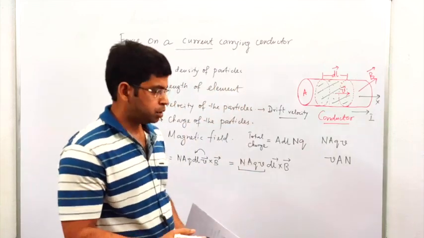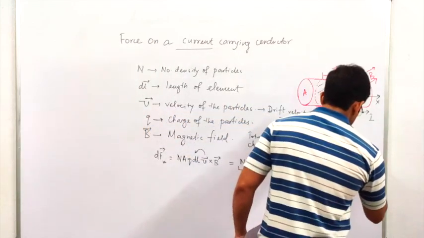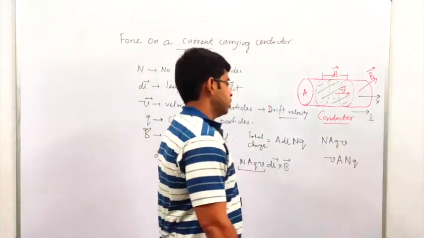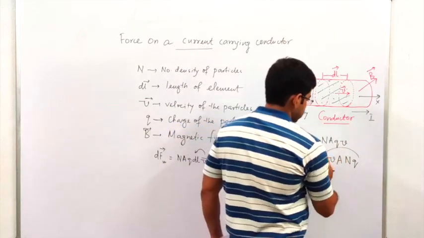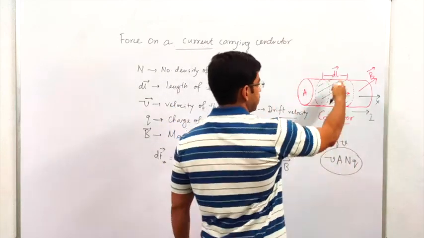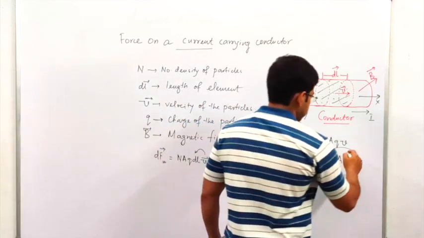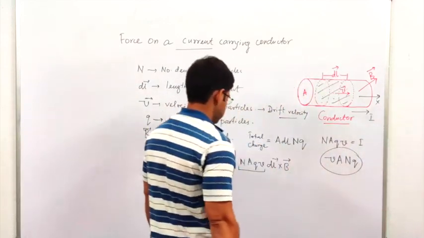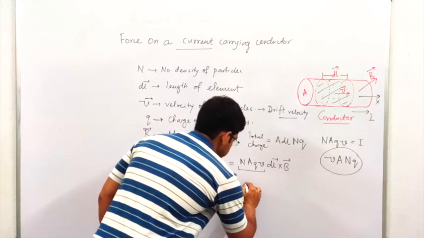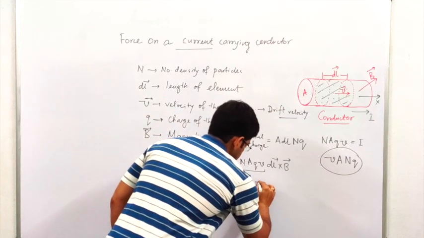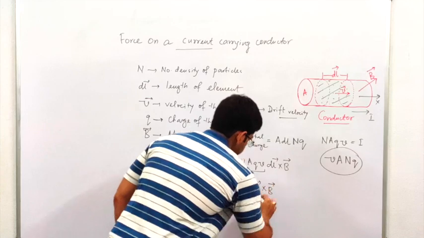The total charge in this volume is just that multiplied by q. So this is the amount of charge traversing a certain cross section in 1 second. So this is basically nothing but the current. So putting that one here, we get I dl cross B.